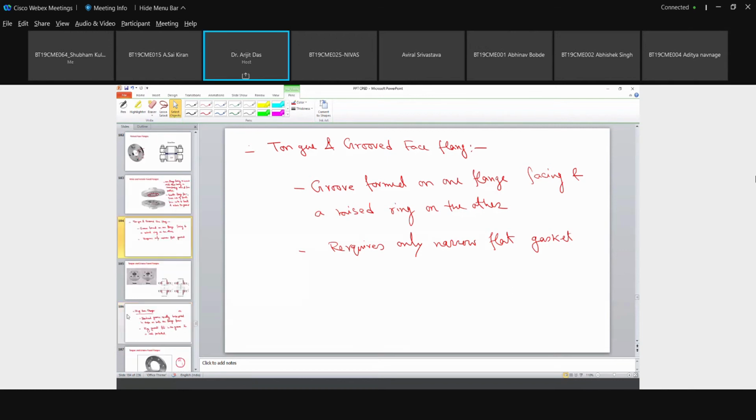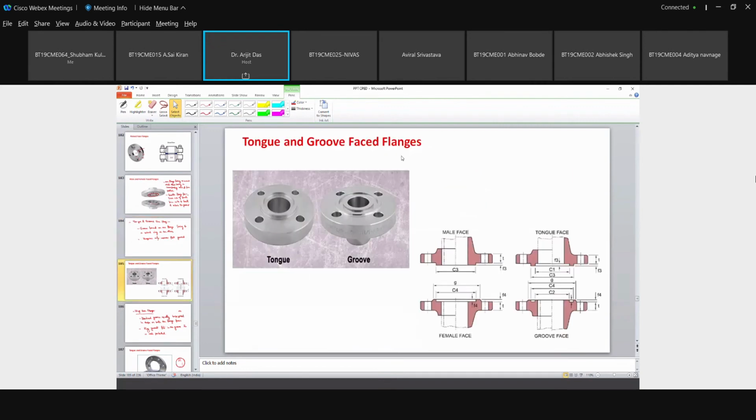So at first, let me show the tongue and groove raised flange. So these are the raised faces. This is the tongue. And here also a raised face, but a groove is made, and in the groove the tongue is fitted.